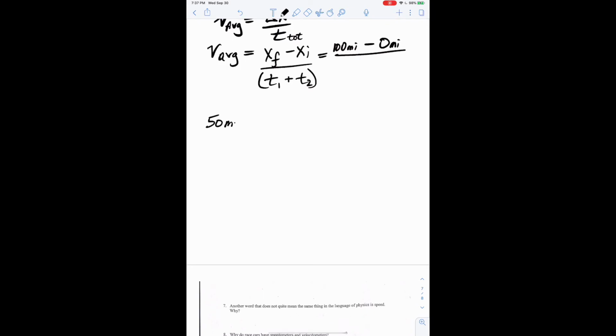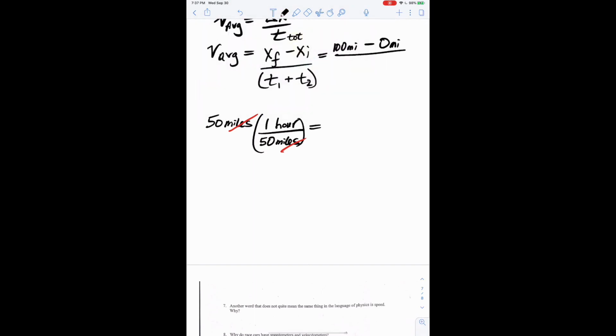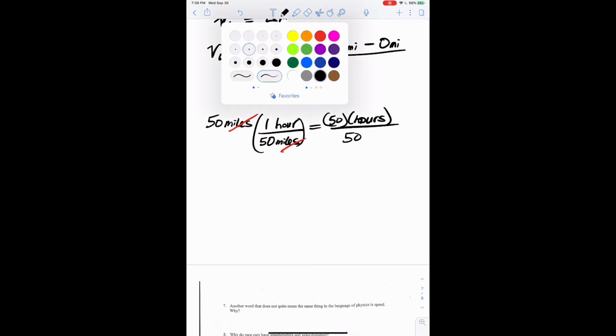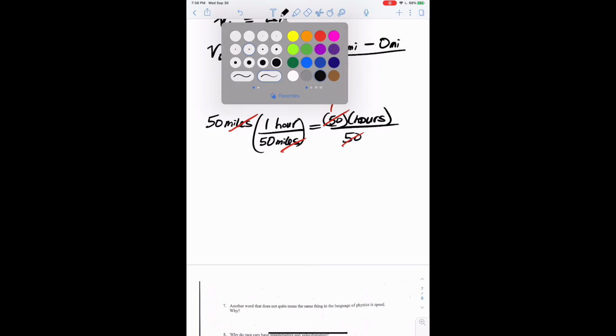So we have 50 miles and a conversion factor of 50 miles per 1 hour. Notice what I did there, right? A little conversion magic. Miles cancel. We're left with 50 times hours over 50. We get 1. Our answer is 1 hour.